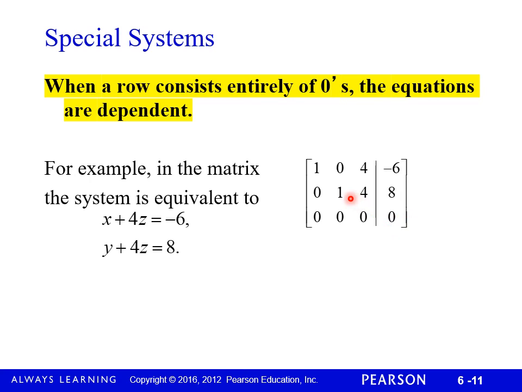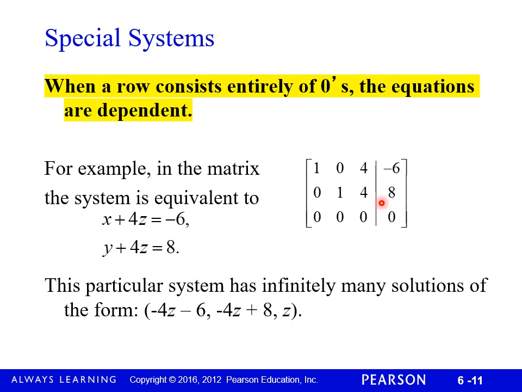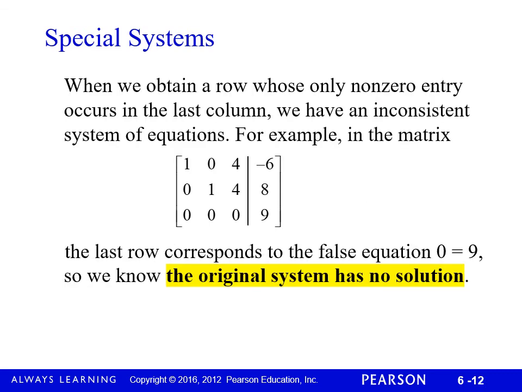But notice we can rewrite the first row as x plus 4z equals -6 and y plus 4z equals 8. When we have a dependent system like this, the way that we write the pairs is we solve for x in the first equation, we solve for y in the second equation, and then we just leave z as that variable that can change every time.